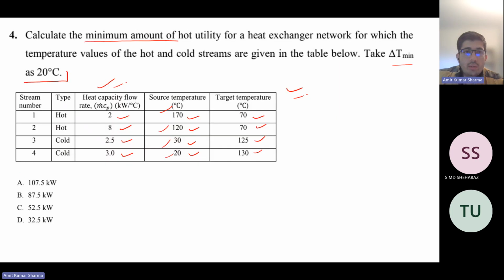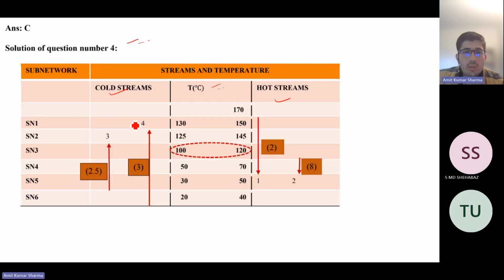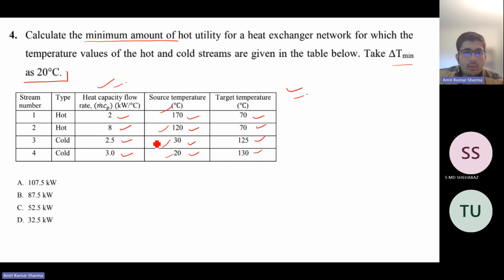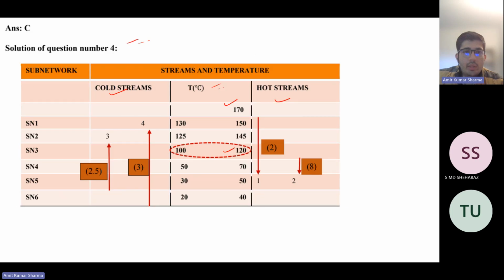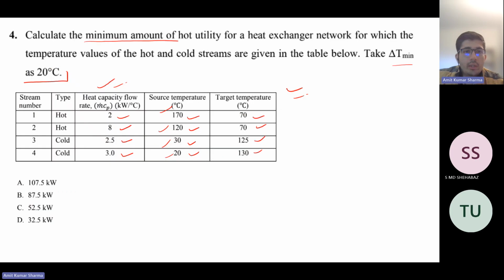So here you can write 170, then 120, then 30, 20. Okay. This side, source temperature and target: 70, 70, 125, 130.